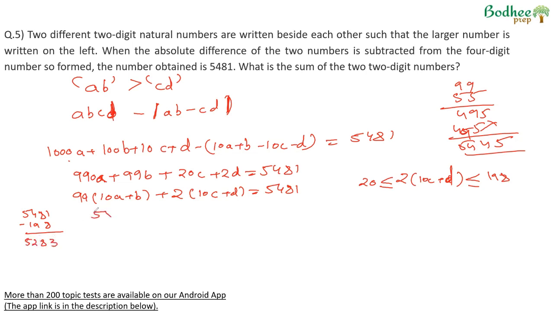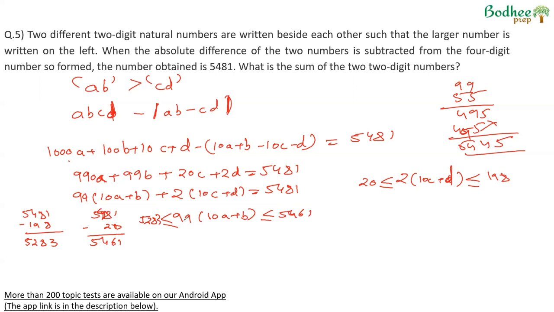And if we subtract 20 from 5481, we are left with 5461. So 99 into (10A plus B) has to lie between 5283 and 5461, a range of about 178.